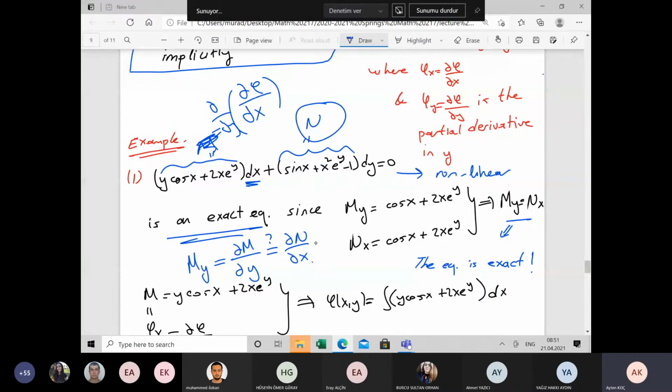N sub x means partial derivative with respect to, sorry, this one should be partial derivative x.